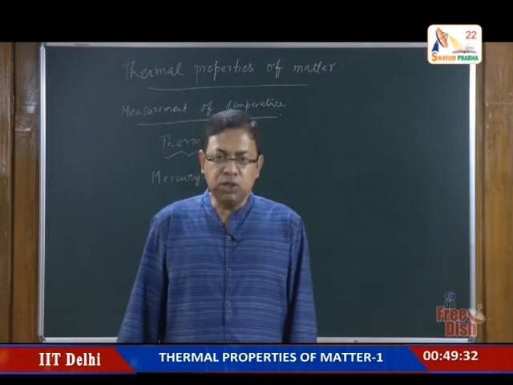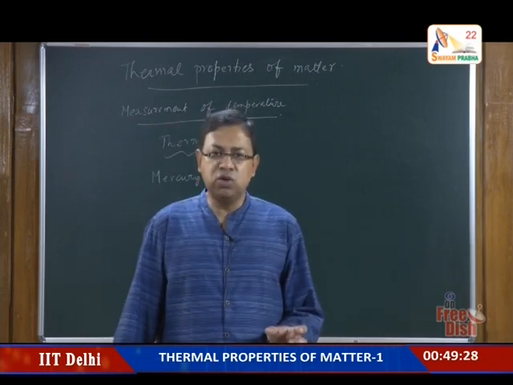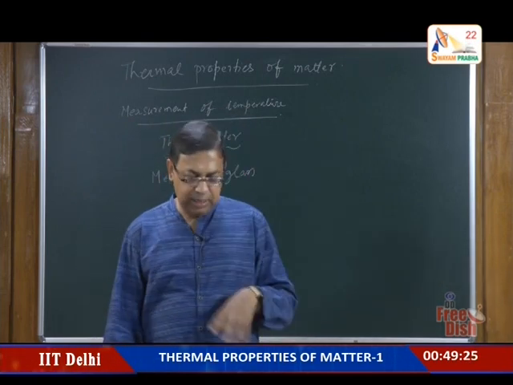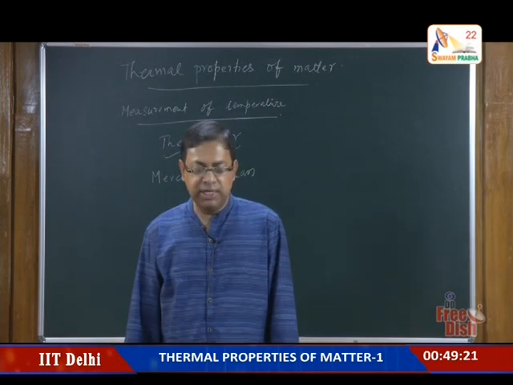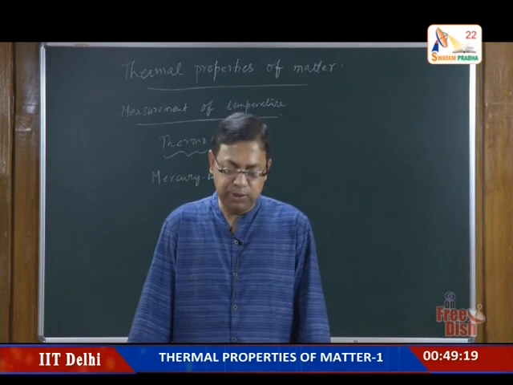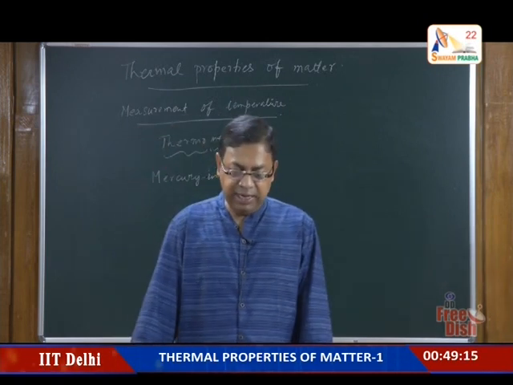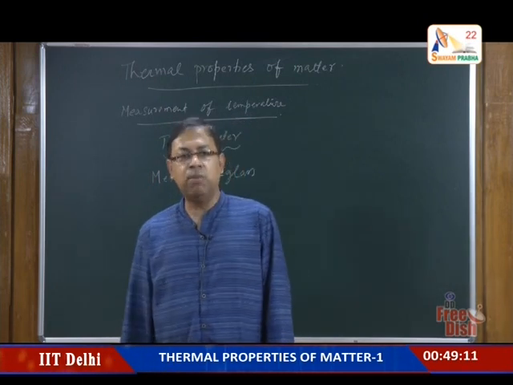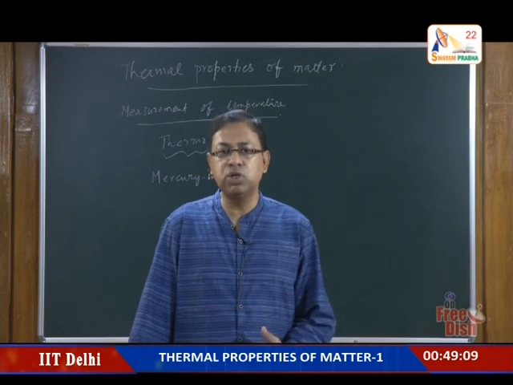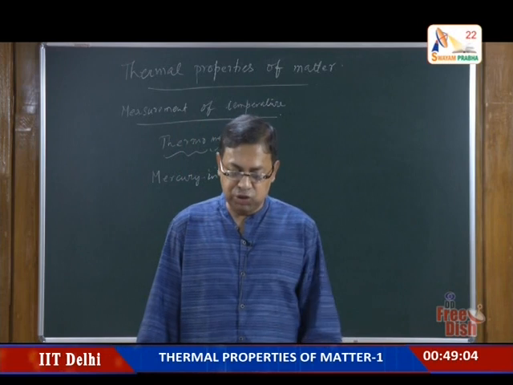And so it consists of, we'll draw it very soon, a mercury filled glass bulb which is connected to a capillary tube. Okay. So when the mercury is heated, then it expands into the capillary tube, with this amount of expansion being proportional to the change in temperature or the rise in temperature.